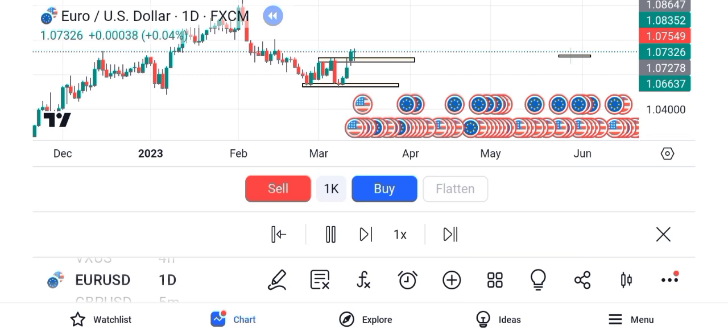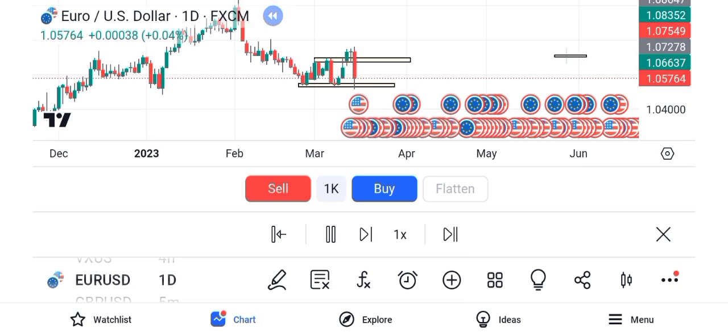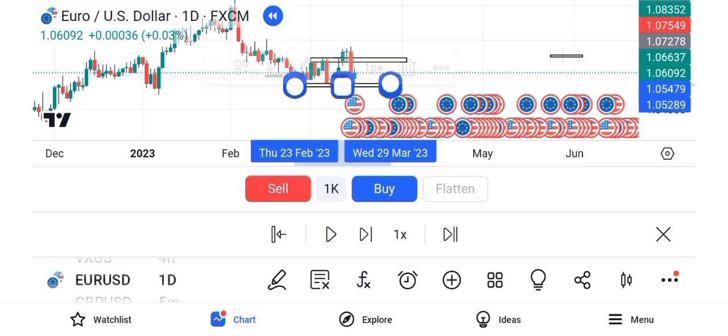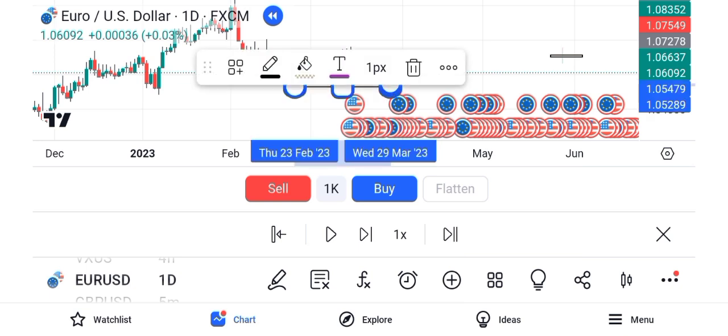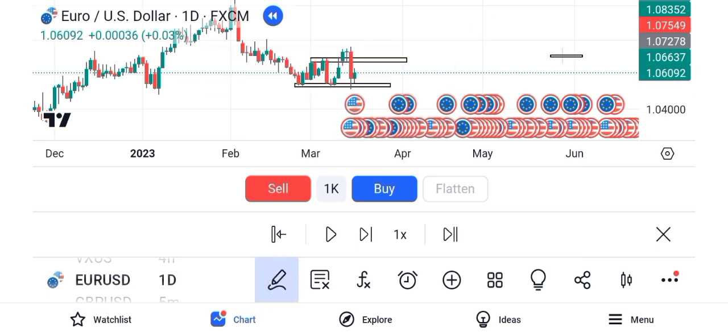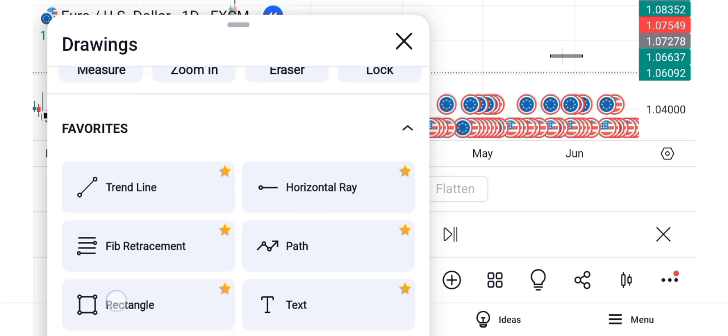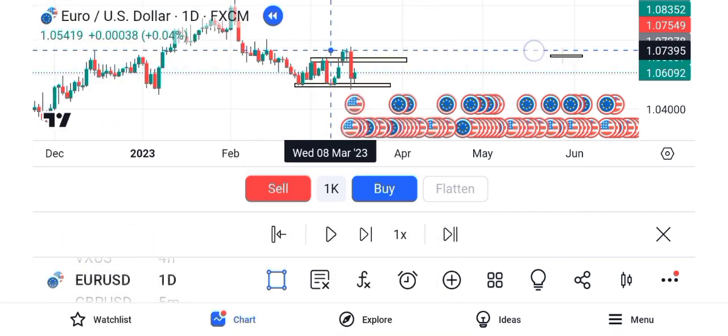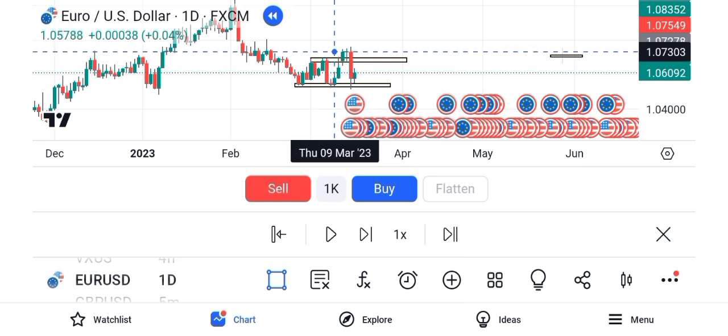When we played it, you notice that the retracement rather went to this particular zone here. So now let's see. We have a swing point here, so we are going to draw our key zone here.